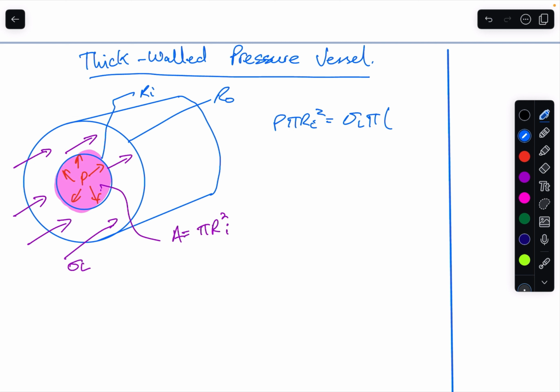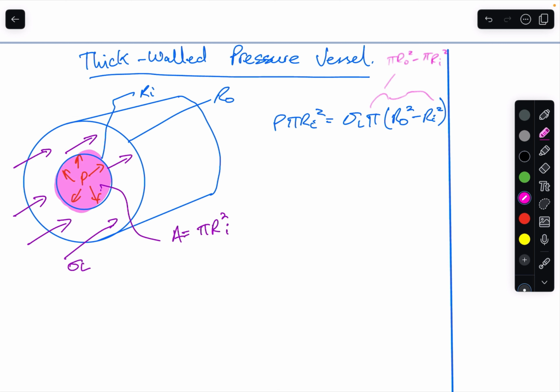Now we have to consider the outer diameter and inner diameter, so separate diameters. What this really is here is the area pi ro squared minus the area of the internal, pi ri squared.